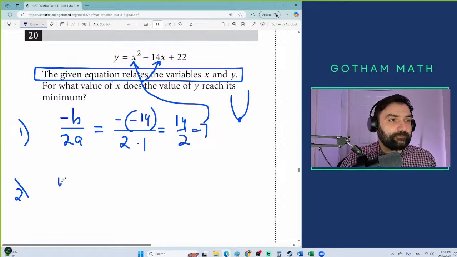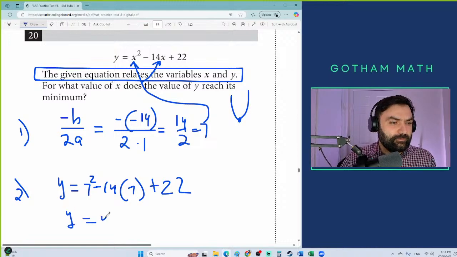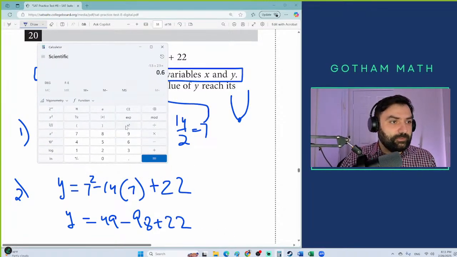So y equals 7 squared minus 14 times 7 plus 22, which is going to be 49 minus 98 plus 22, which I'm not gonna do without a calculator.